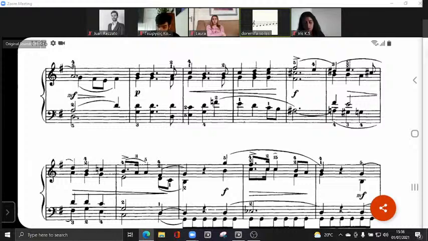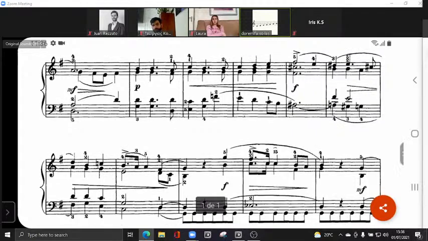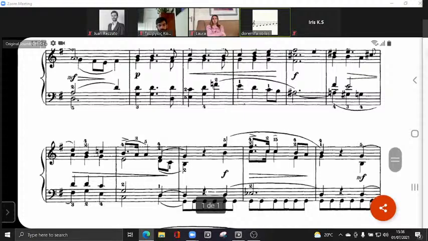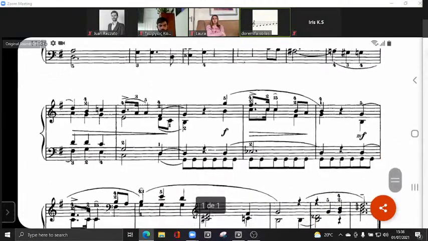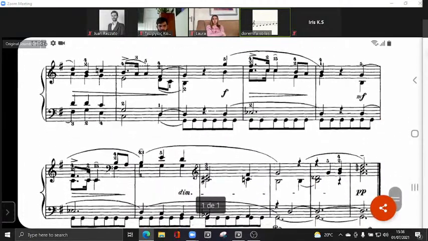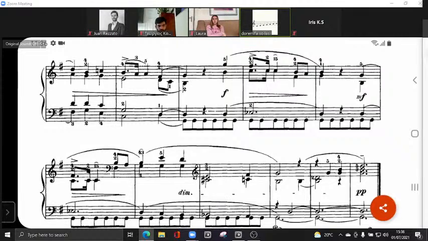That is the loudest moment of the piece. And well, then it continues with a diminuendo. And finally, we reach here, well, there is a cadence.